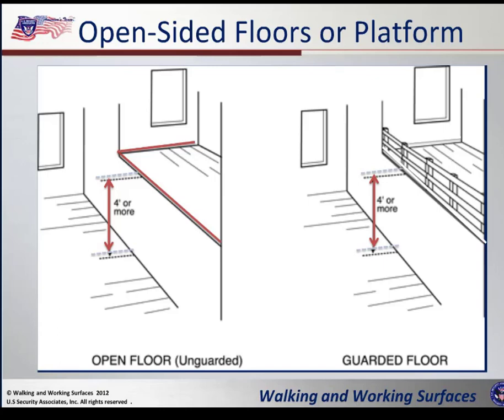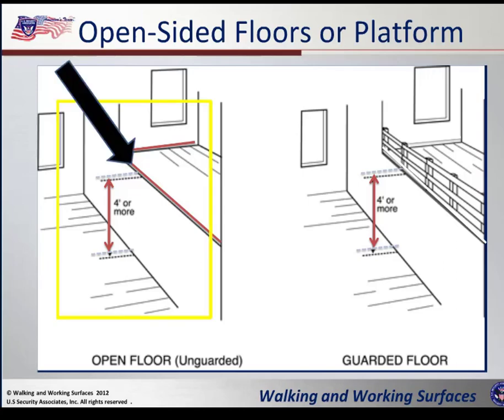Let's take a look at the picture on the left-hand side of the screen. From what you've learned by now, you've probably figured out this is all wrong. Because there is a 4 foot or more drop, there should be a guardrail here.